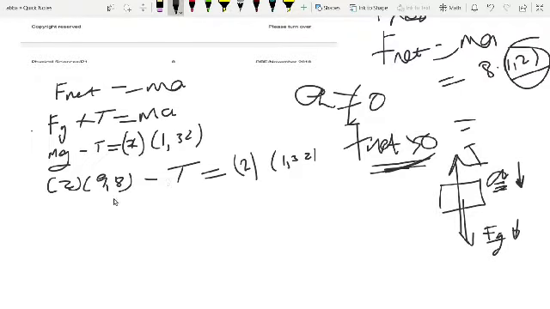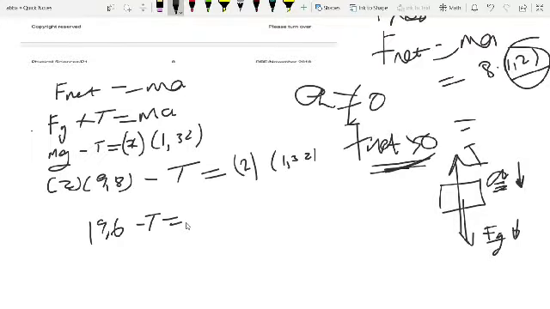Let's see if we'll get the answer. Let's first simplify this. 2 multiplied by 9.8 is how much? It's 19.6. We have 19.6 minus tension, which is going to be equal to that.